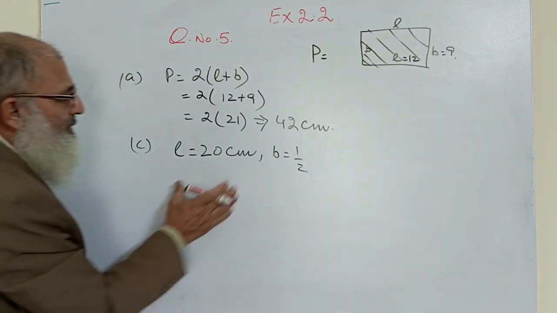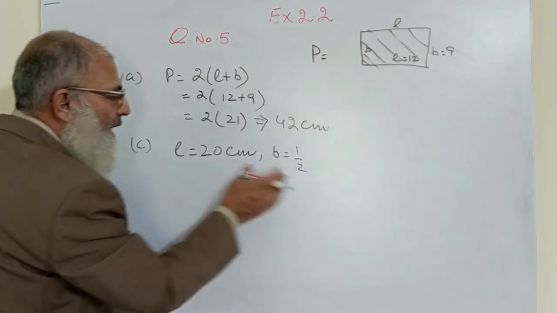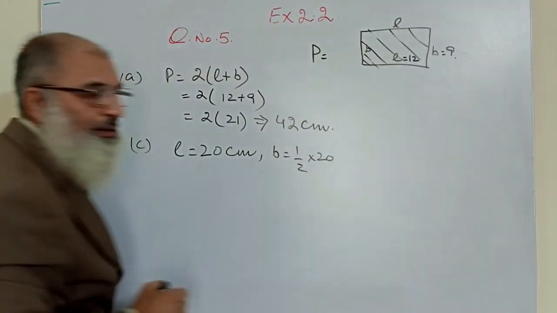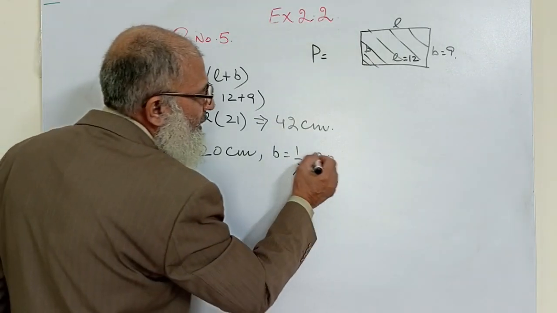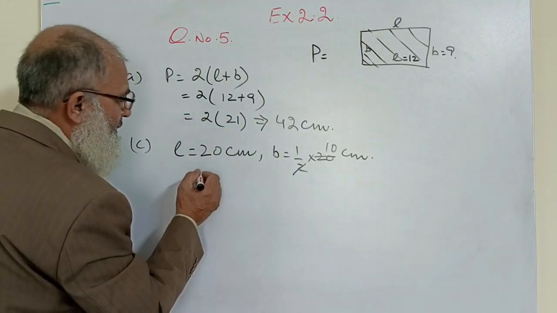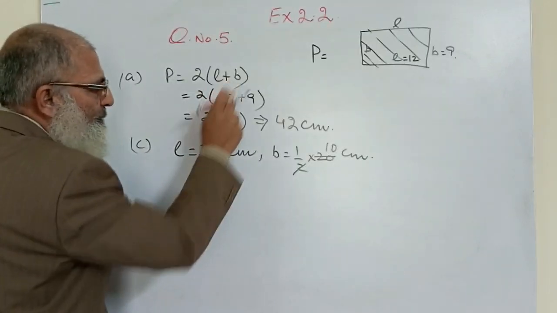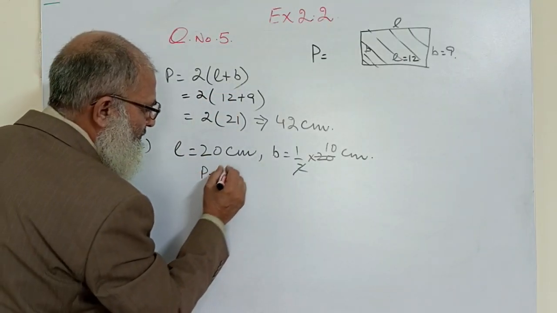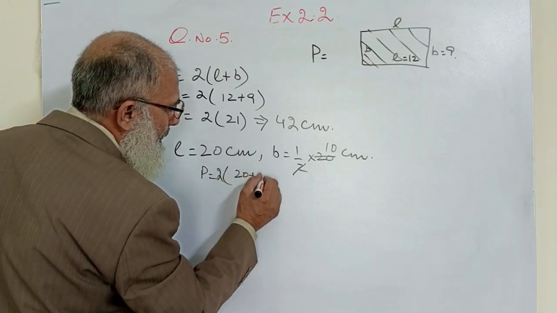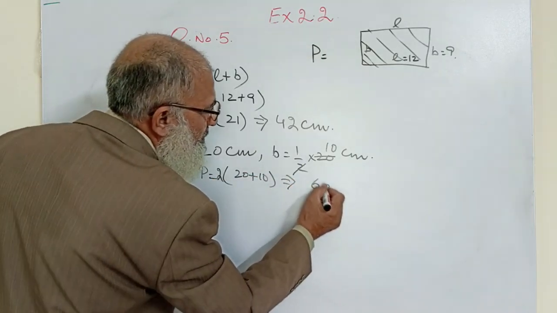Now it means that whatsoever the length is, breadth is half of that. That means half as long is this. So it will become 10 centimeters. So let us manipulate L and B over here: 20 plus 10, and it will give us 30 and 60 centimeters.